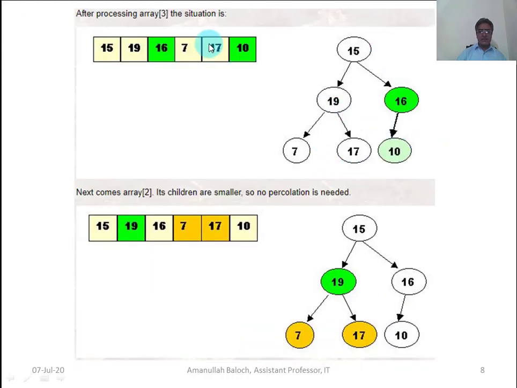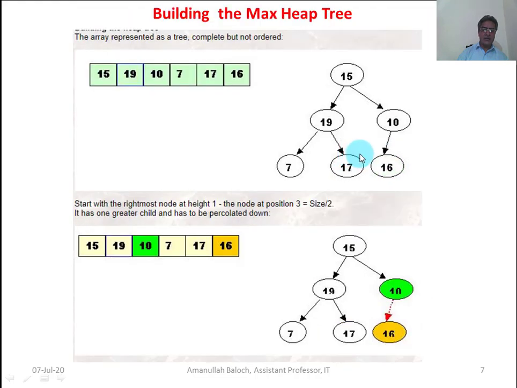This is the 6th position and 10 has reached there. So it will check whether it is violating. I think it is not violating because it has become a leaf node and there is no child of this node. So this is not violating the max heap property.